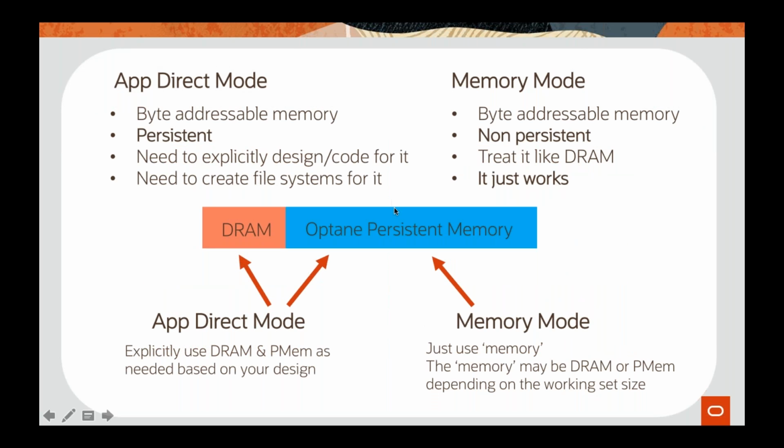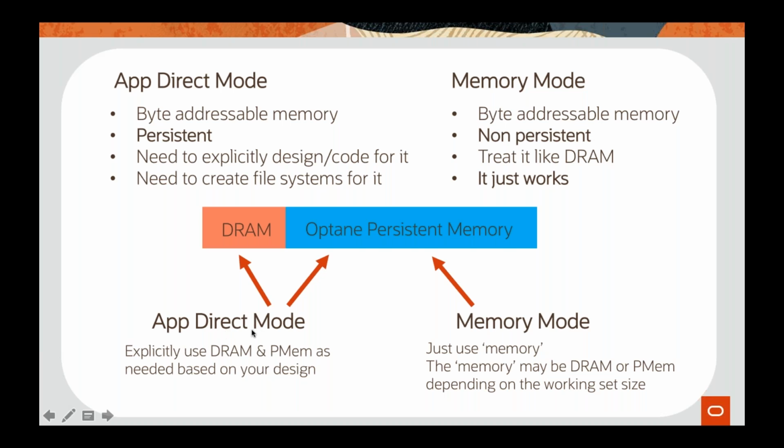Persistent memory really has two modes, actually three modes. In app direct mode, you have persistent memory. It's byte addressable, but you need to explicitly design for it. In memory mode, it's still byte addressable, but surprisingly, it's non-persistent. But the nice thing is it just works.